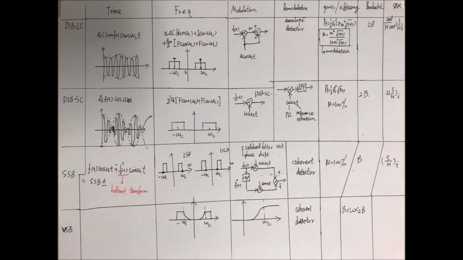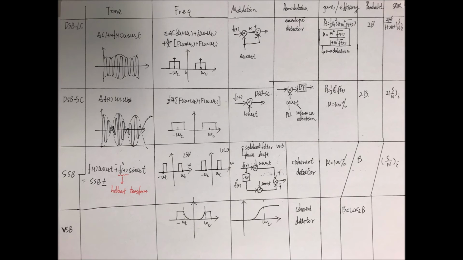In the frequency domain, the Fourier transform of this given signal has two impulses from the cosine omega c t, so we have pi A, two impulses.